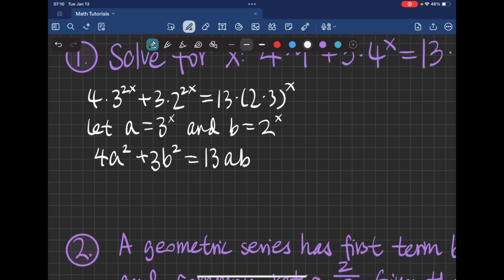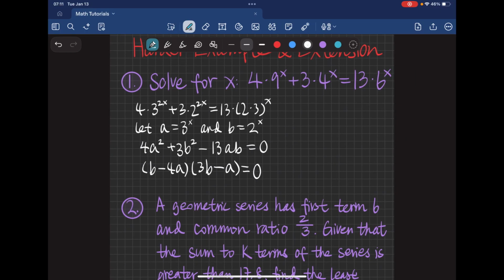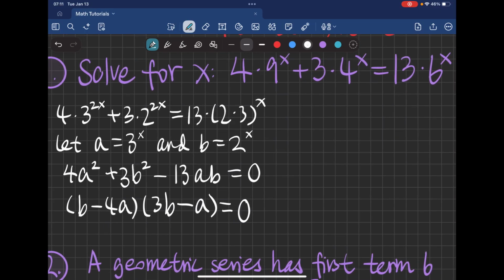We can just move 13 to the other side, so that will be just 0 here. Then we just factor. So that will be leading to 2 cases.